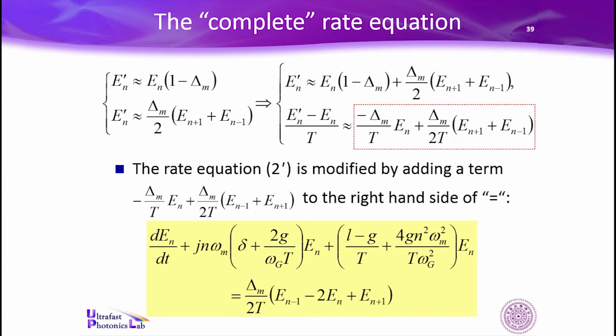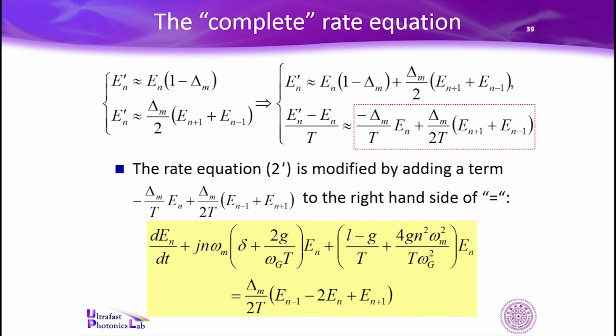This time we do the same thing. Formulation shows the contribution from the modulator is represented by these terms. So you just add this term to the right-hand side of equation 2 prime. You got the updated rate equation. Now it deals with all the effects: the cavity, the gain medium, and the modulator.